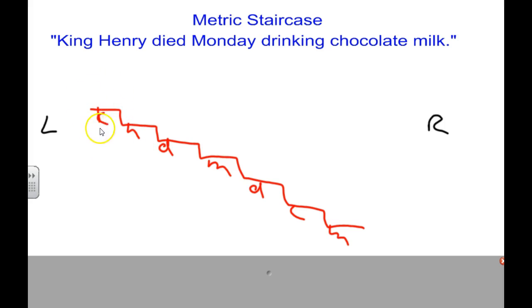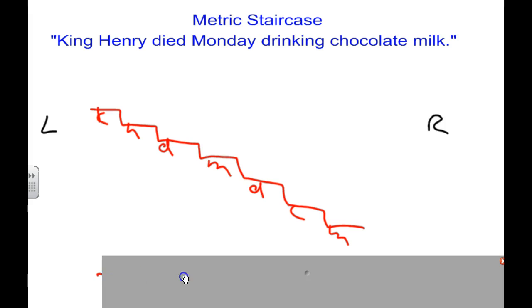King stands for kilometer. H stands for hectometer. D is decameter. M is meter. The second D is a decimeter. C is centimeter. And M is millimeter. We go from left to right on this staircase.